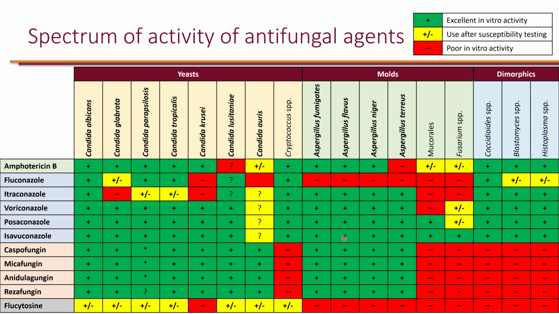So azoles are better against Aspergillus compared to echinocandins. And flucytosine just does not have activity against molds or dimorphics. The same can be said about echinocandins, no activity against dimorphics. So for dimorphics, we're really stuck with amphotericin B and azoles.